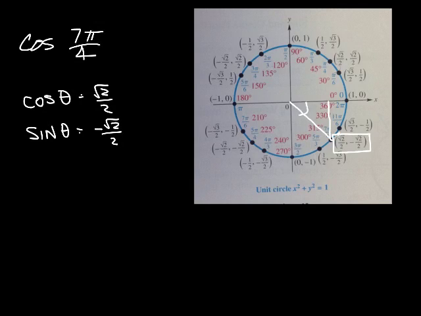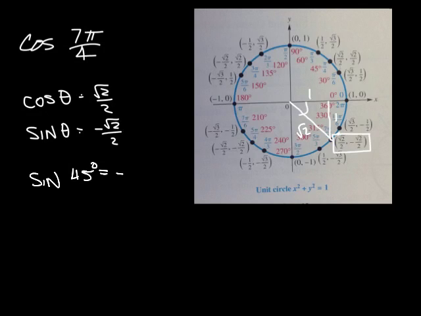Okay, you can figure that out by hand. I'm just using the table here because it's quicker and easier to show it to you. But if you were to do it by hand, you would just say, this is square root of 2 over 2, this is negative square root of 2 over 2, and we don't know that yet. So let's pretend that that goes away, and we're trying to find that out. I know that this is a 45 degree angle, which means this is 1, this is 1, this is square root of 2. So the sine of a 45 degree angle in the fourth quadrant is negative.